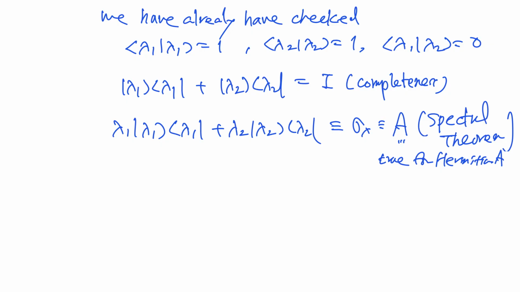So later I'm going to tell you the spectral theorem is a very powerful property that lets you represent matrix functions. So when A is Hermitian, there are several properties. First, eigenvalues are real.